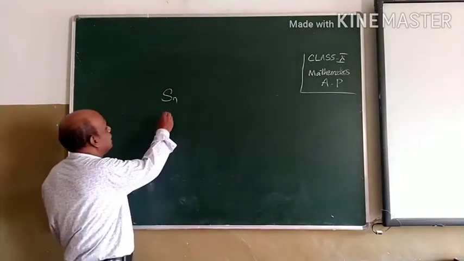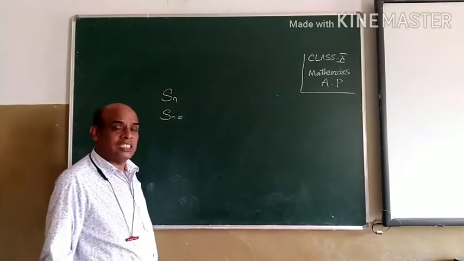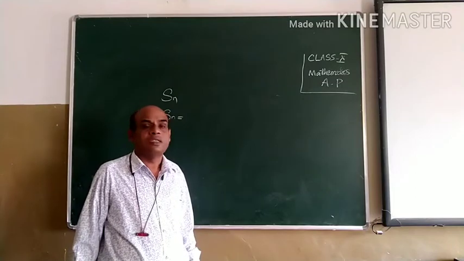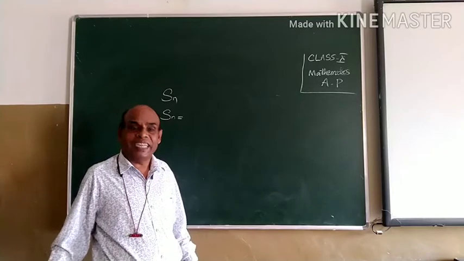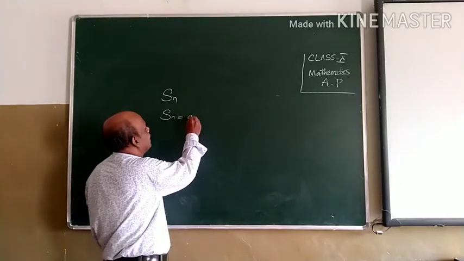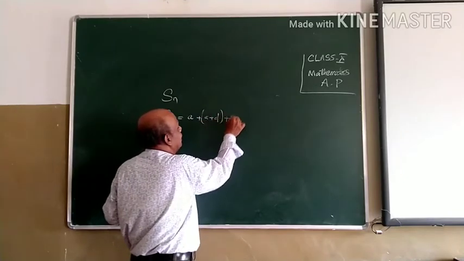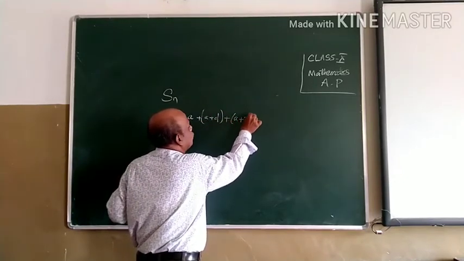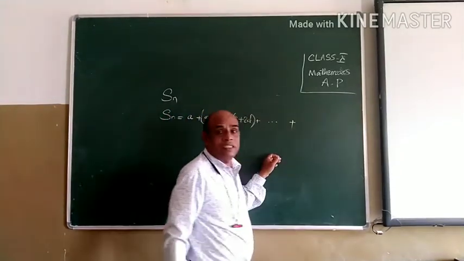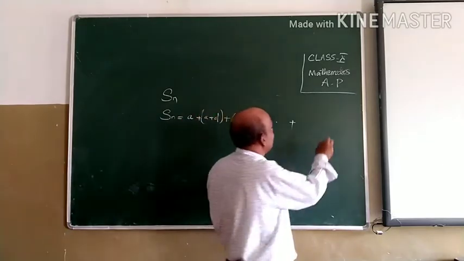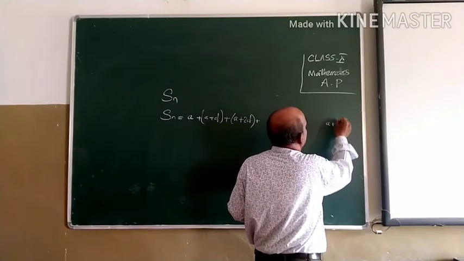So now you just see, Sn is equal to... already you know, in an arithmetic progression there are n terms. It means the first term is a, the second term is a plus d, the third term is a plus 2d. So we will write the nth term will be a plus n minus 1 into d.